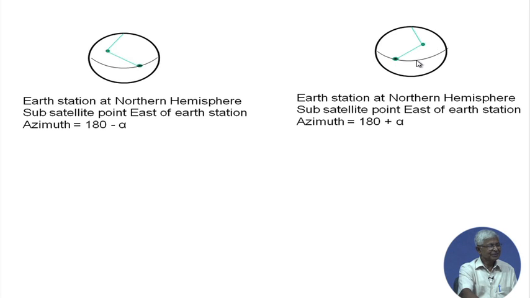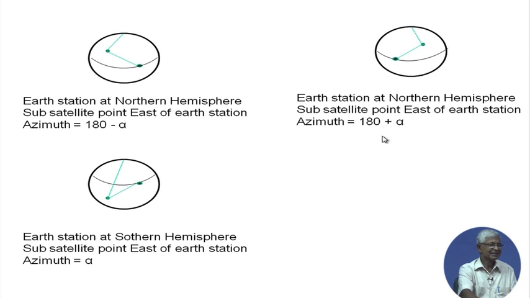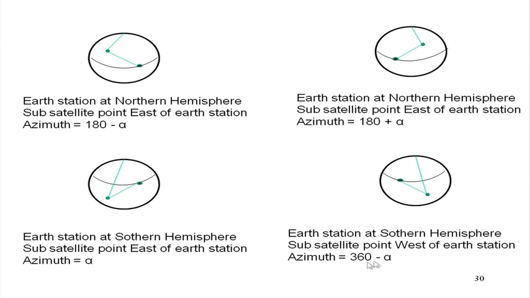Similarly, if the subsatellite point is west of the station in the northern hemisphere, it will be 180 plus alpha; from the north you come this way, 180 plus alpha, so alpha is an angle like this. If it is the southern hemisphere, the azimuth is equal to alpha, and if the subsatellite point is west of the station, it is 360 minus alpha. You can search books for other ways of expressing this, but as communication engineers let us not worry much; we can use this standard formula.